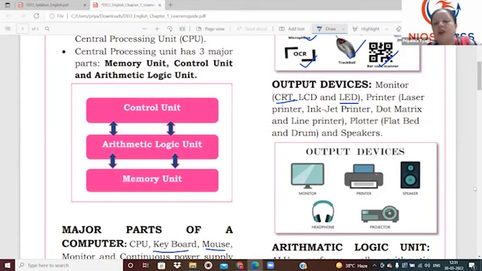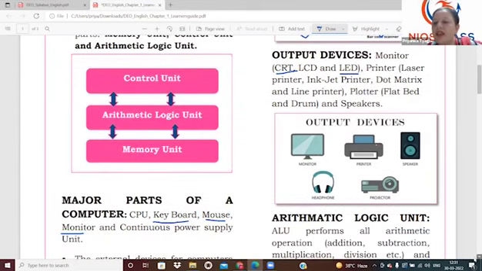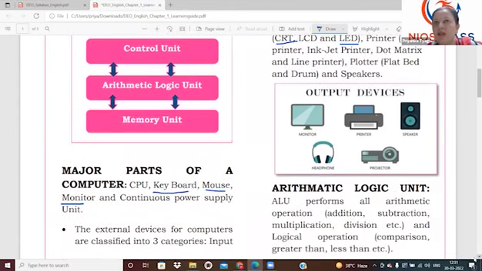Okay, now plotter. A plotter is just like a printer, but if we compare the size of a plotter with a normal printer, size wise they are very big. Suppose you want wall size printing, a large hoarding. That is possible with the help of a plotter, and plotters are of two types: flatbed and drum.